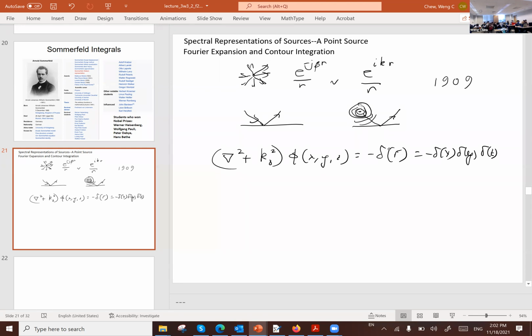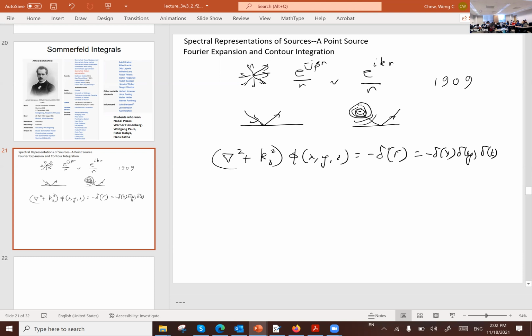We have learned how to find the Green function anyway. But we could do an entirely different way of finding this Green function by using the Fourier transform. And using the Fourier transform will give us different insights into what a Green function is.